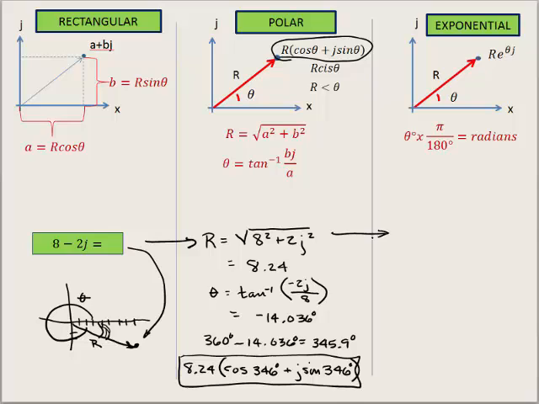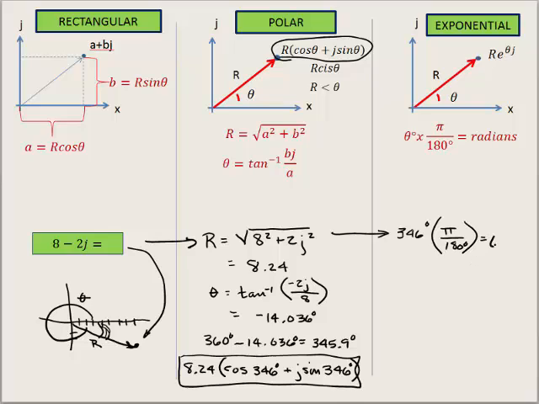Now we want to go into the exponential format. So we have r as 8.24, but what do we need to do? We need to convert that theta into radians. So here we are. We're going to take that 346 degrees times pi over 180. That's our conversion to get it to radians.